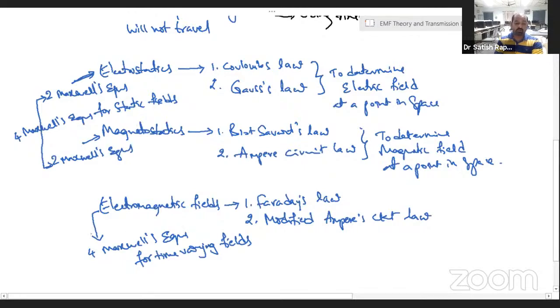So overall we have two sets of Maxwell's equations: one set for static fields, and another set for time varying fields.